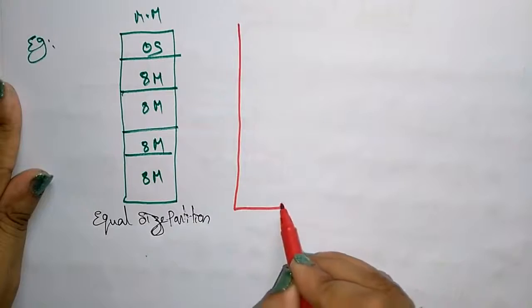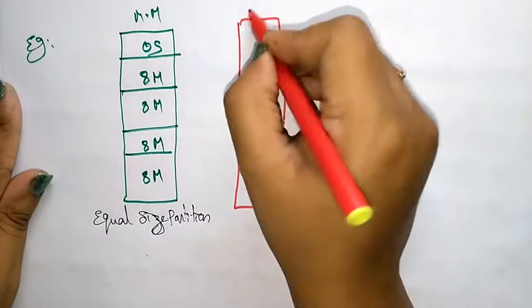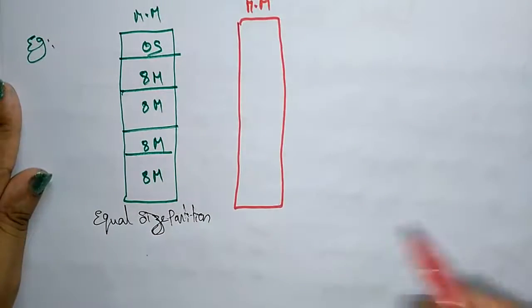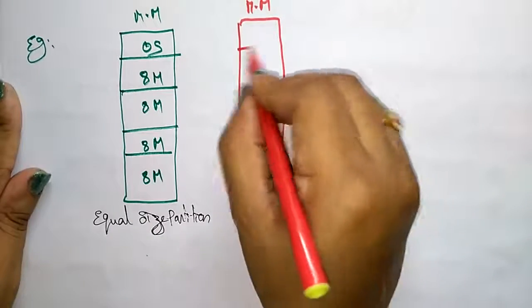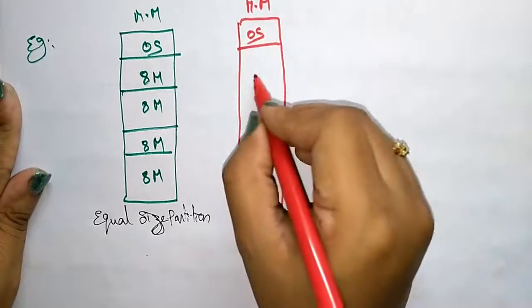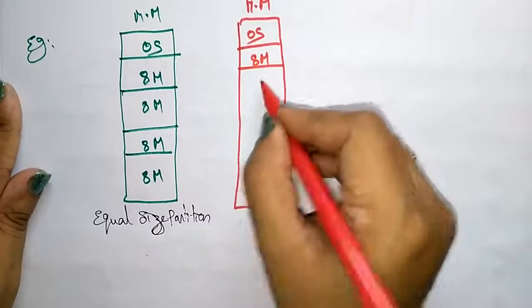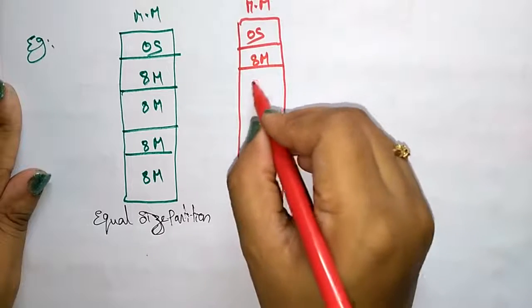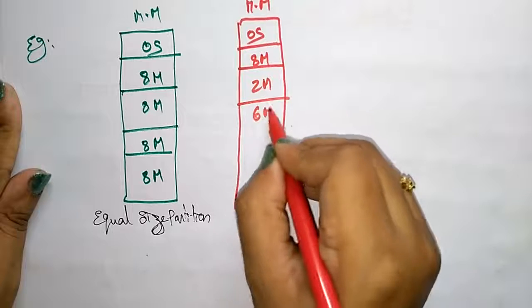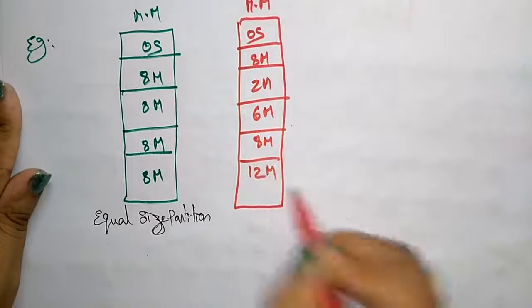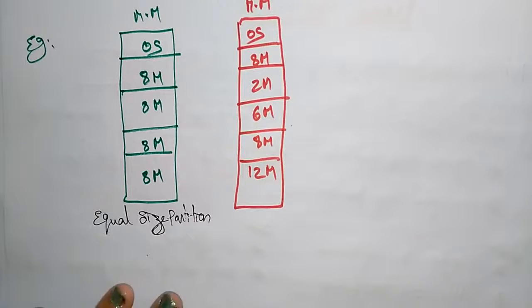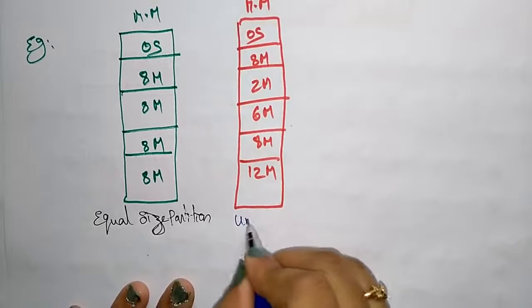Fixed partitioning can be done in two types: equal size and unequal size. For unequal size, first the operating system, then you can allocate 8M, 2M, 6M, 8M, 12M, like that.